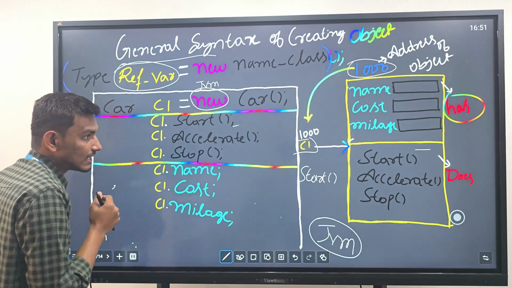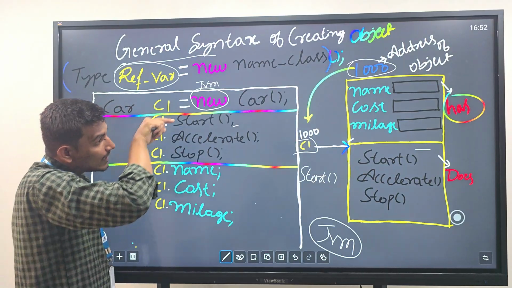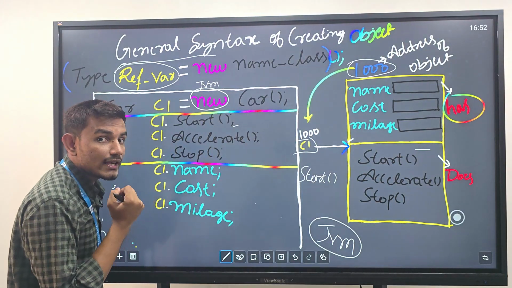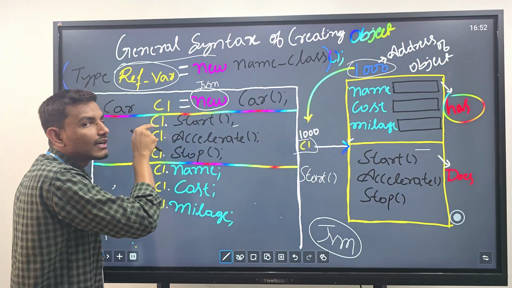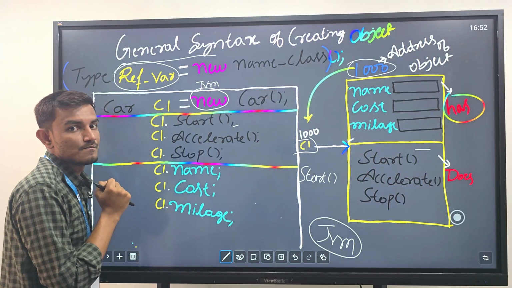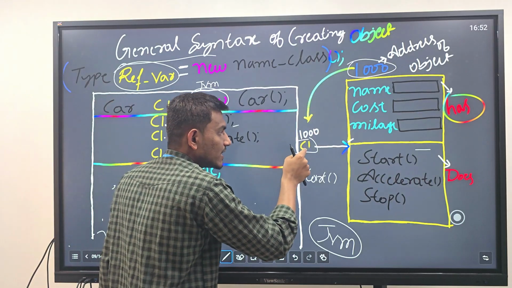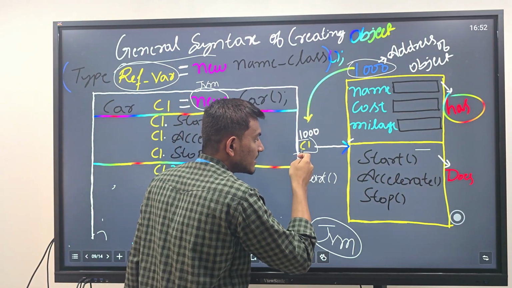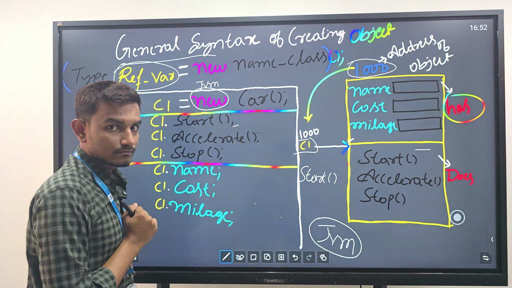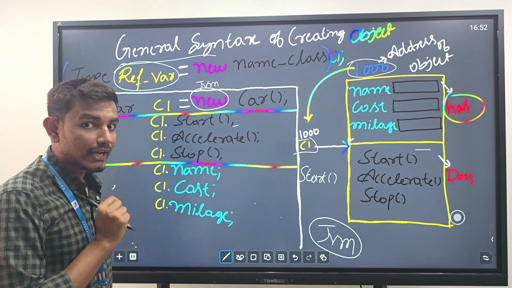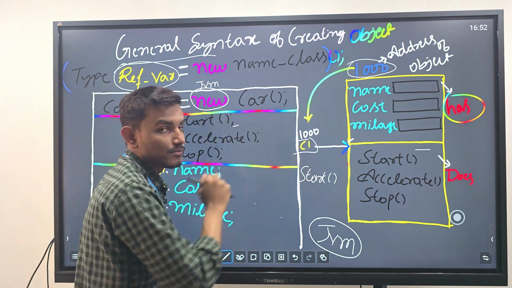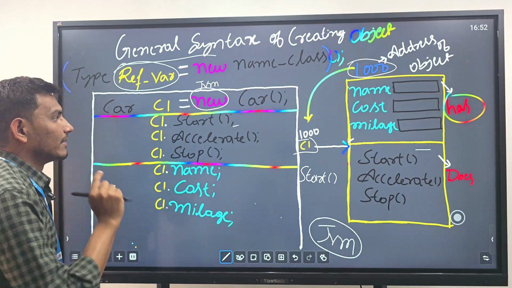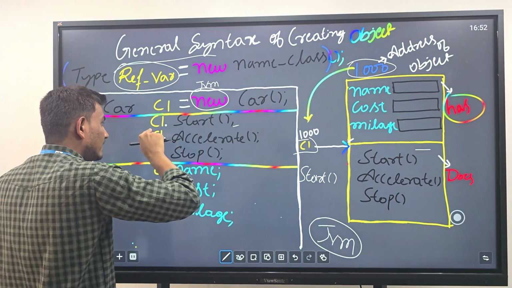Now, guys, please try to understand. If I want to go inside the object, how can I go? Through the C1 reference variable, I can reach here. But guys, my ultimate aim is to go inside the object. How? Remember, guys, C1 dot.